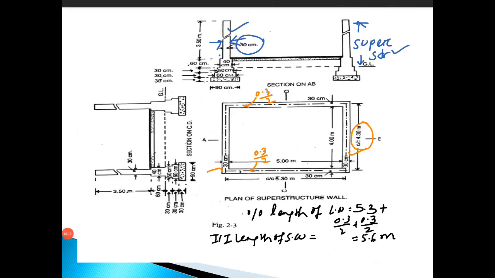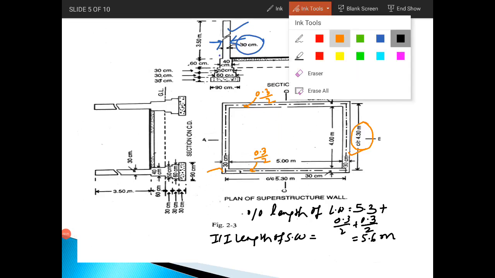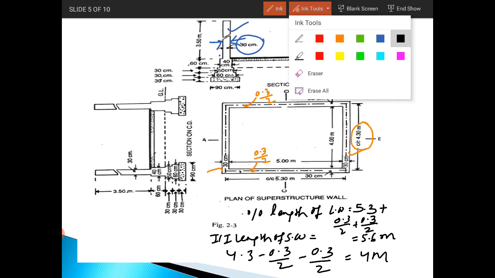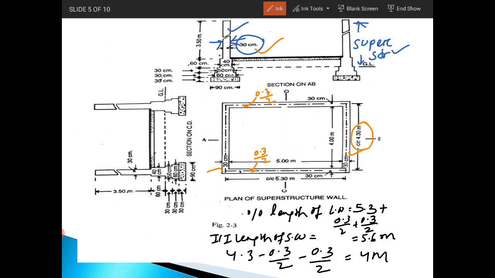So the in to in length of the short wall will be 4.3 minus 0.3 by 2 minus 0.3 by 2, which comes as 4 meter. This is all about the length, but we also have to see the width. The width is 0.3, because at the superstructure level the width of the wall is 0.3.